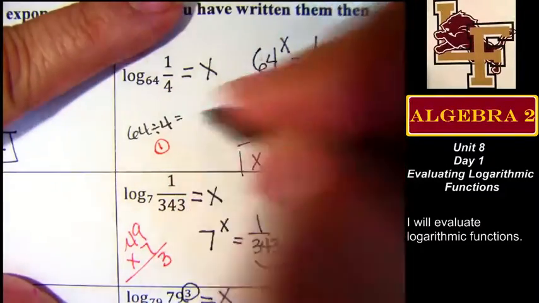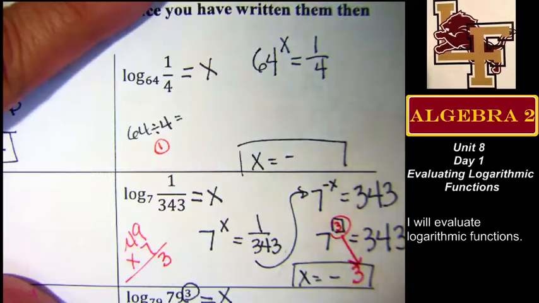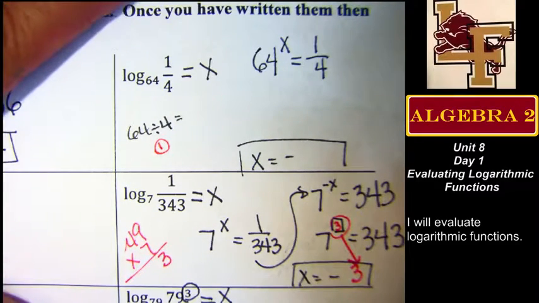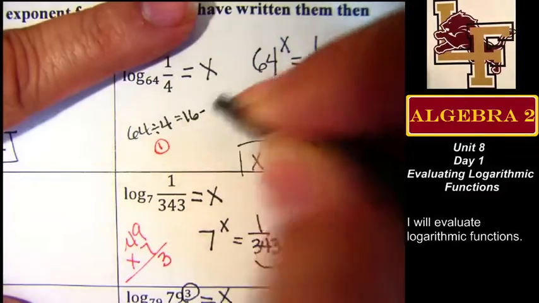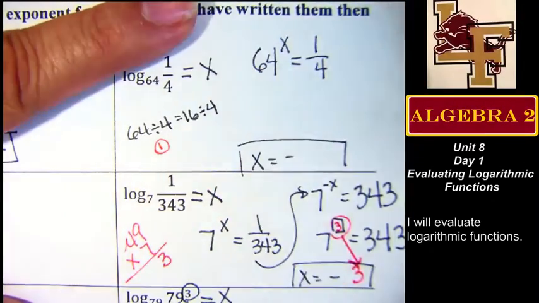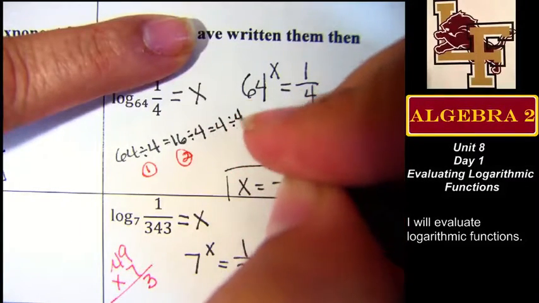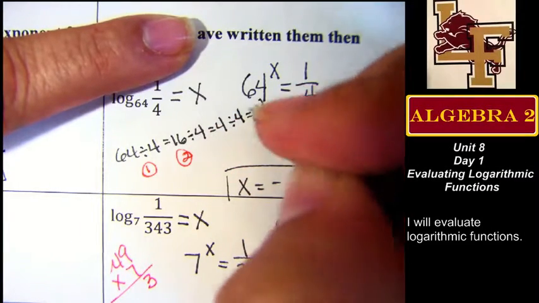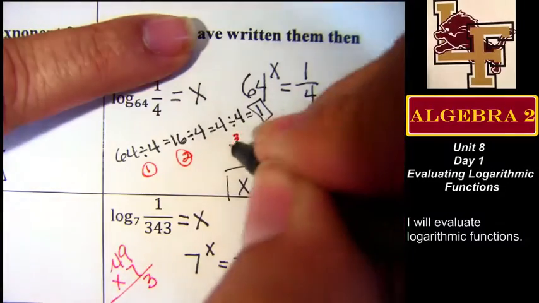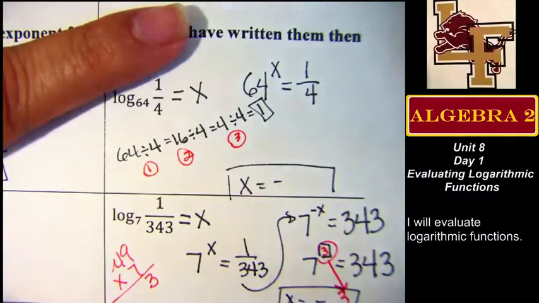What is this result? 64 divided by 4? 16. 16 divided by 4? 4. 4 divided by 4? 1. I've gotten to my stopping point. I divided 3 times.